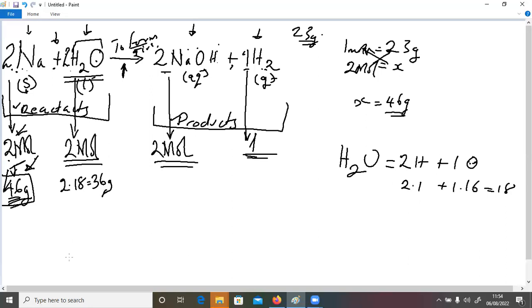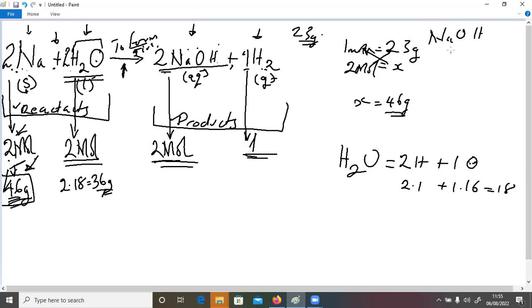Of water, 2 moles of water, which is 36 grams. Then I must produce 2 moles of sodium hydroxide. What is the weight of 2 moles of sodium hydroxide?